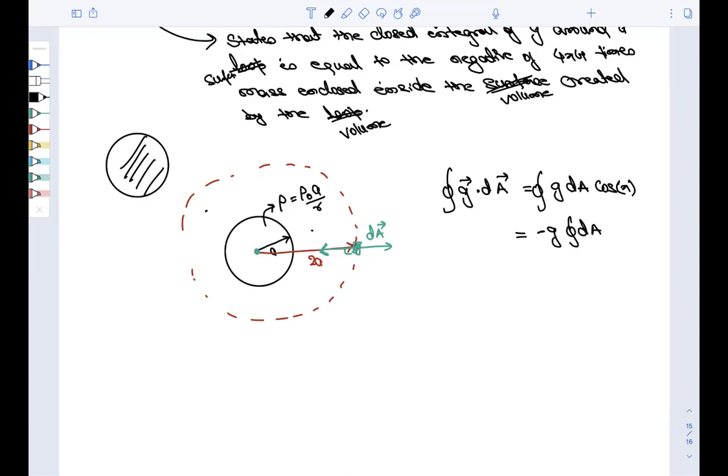Why am I taking g outside? Because the magnitude of g at a certain point will remain the same around the sphere. We know that. What is the integration of dA?